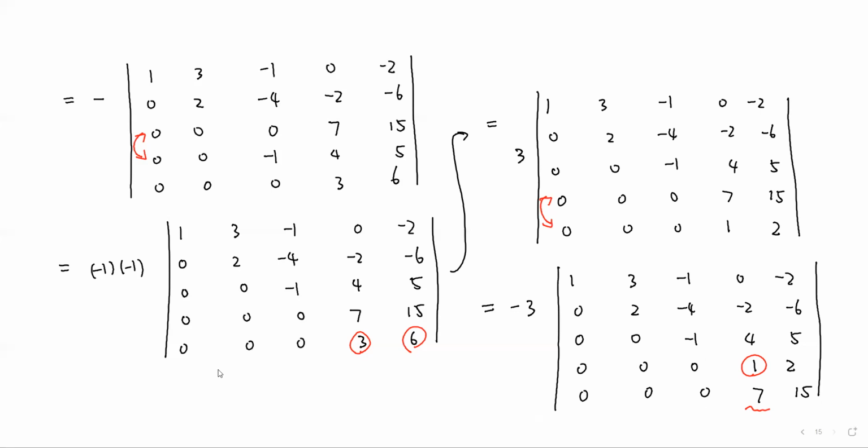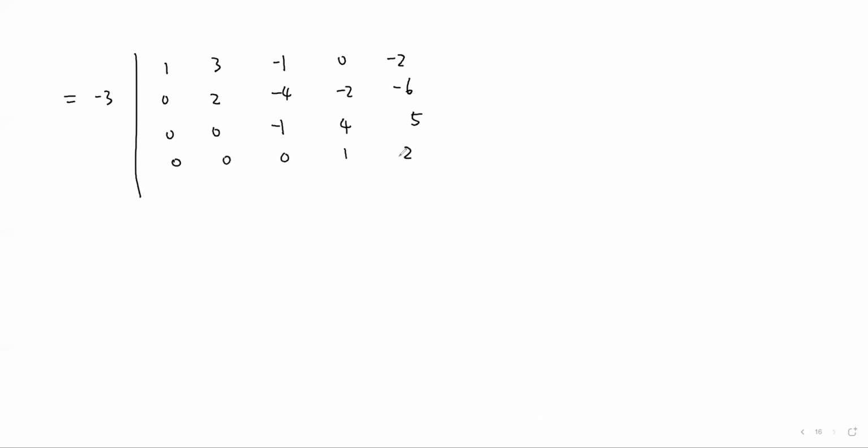Then again, -3 times 1, 3, -1, 0, -2, 0, 2. 0, 0, 0, 1, 2, and then 0, 0, 0, 0, 1.